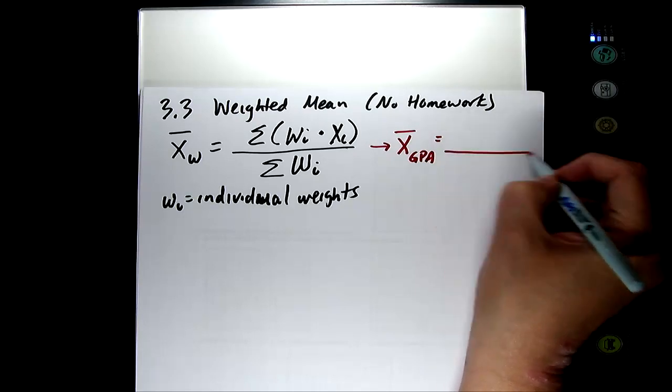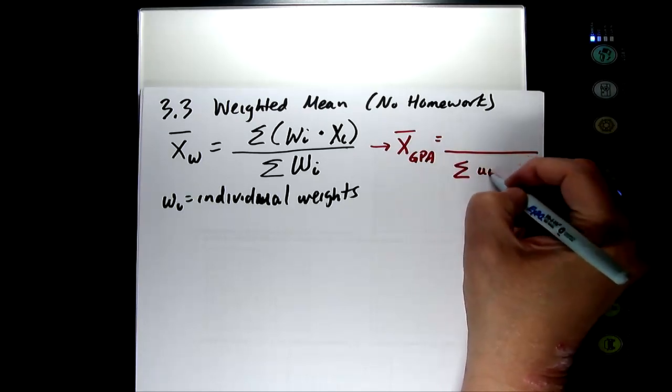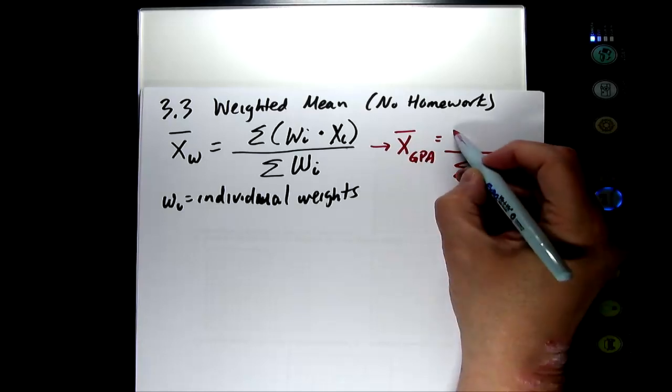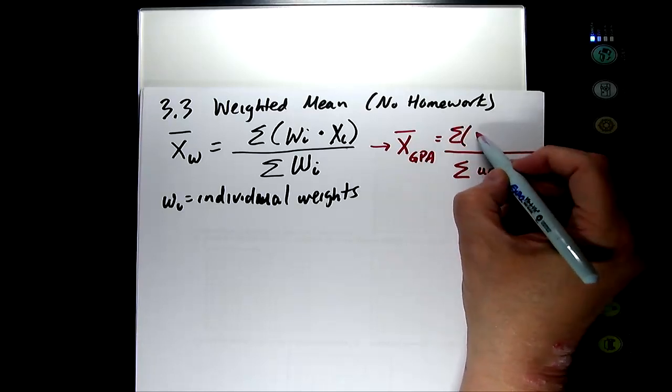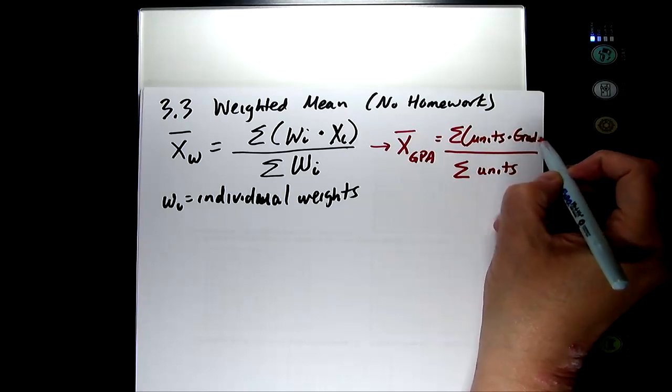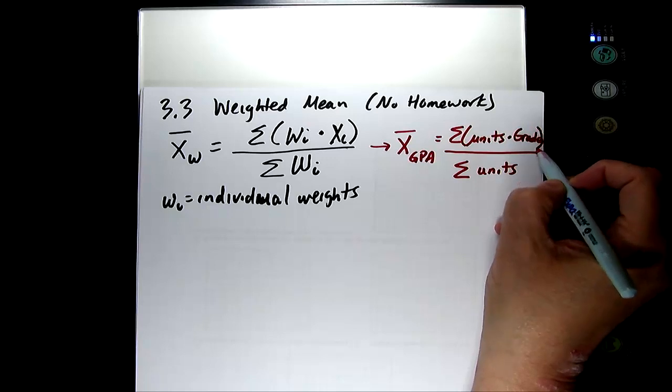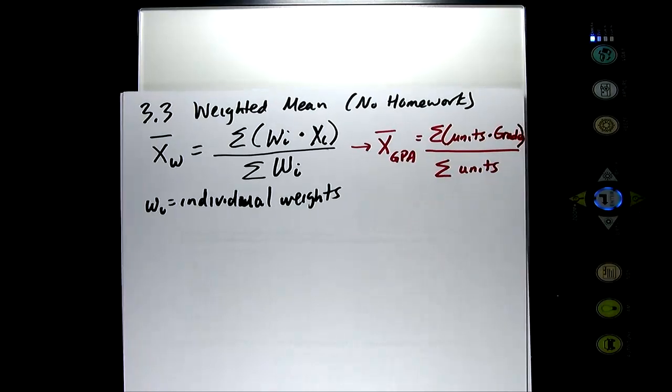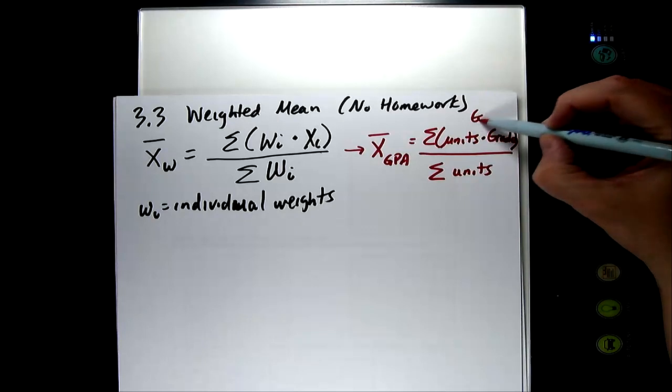The bottom is your total number of units. The top is your units, which is the weight, times your grade. That should say grade right there.